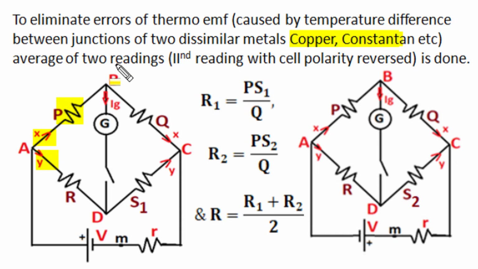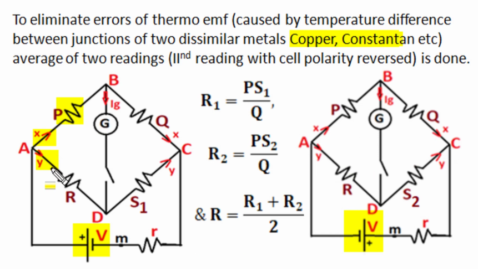Now to eliminate error of thermo EMF caused by temperature difference between junctions of two dissimilar copper and constantan material contacts, we can take two readings by alteration of polarity of EMF source, and in one polarity if thermo EMF is supporting voltage source, in another polarity it may oppose EMF source action, and averaging of two readings will reduce the amount of error caused by thermocouple EMF of copper and constantan.